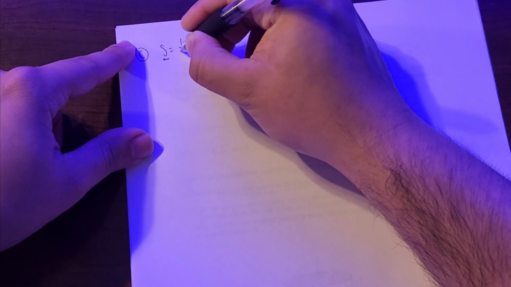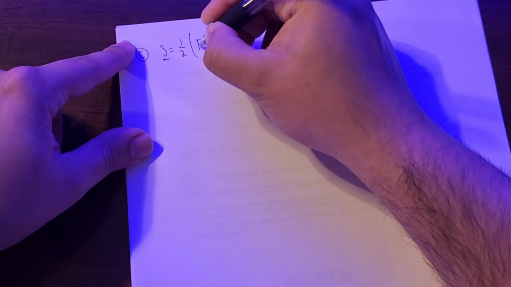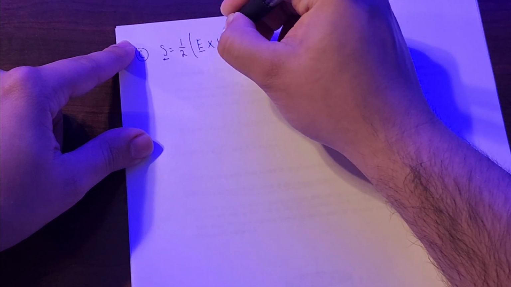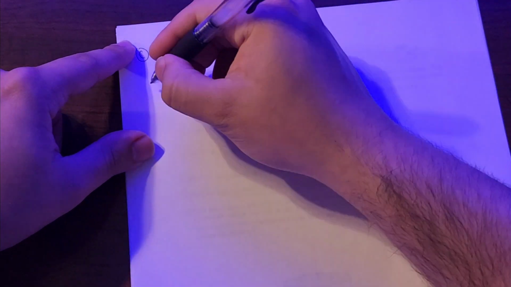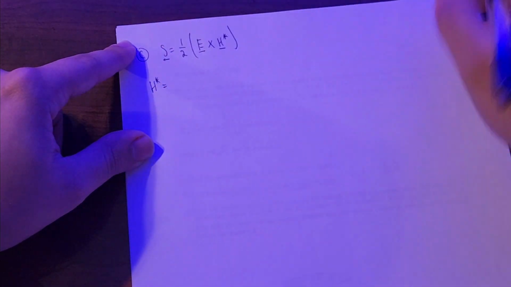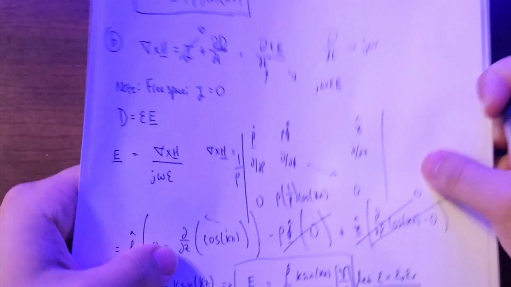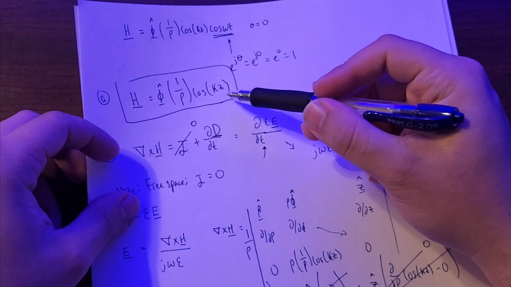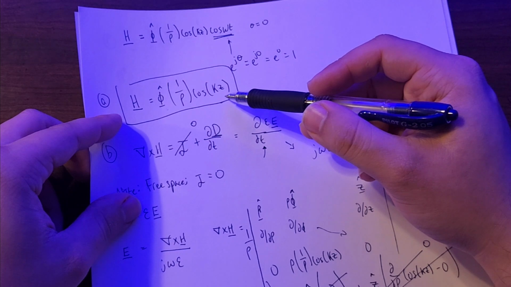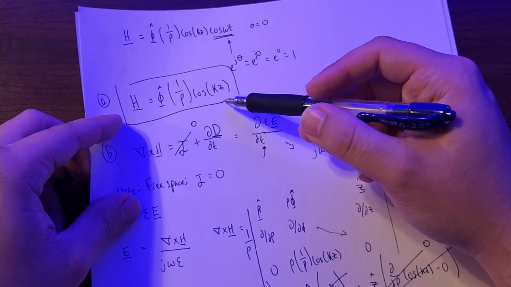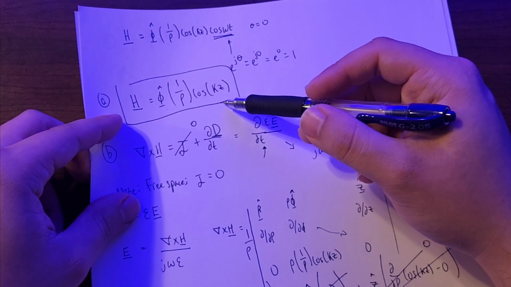Well, we know S, the Poynting vector, is equal to 1 over 2 electric field crossed with the magnetic field conjugate. Okay, well, what is the conjugate of the magnetic field? Let's go back here and find what H was. H was this here. What does the conjugate do? It flips your phase angle to negative of that value.